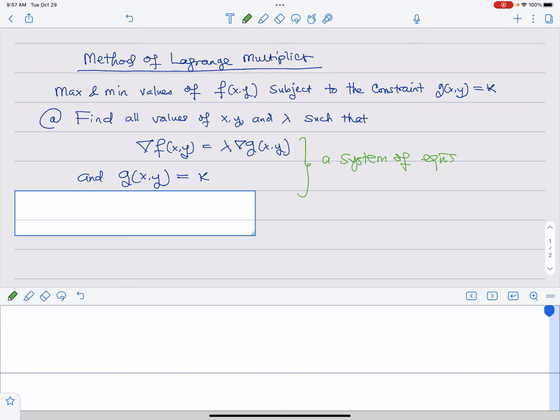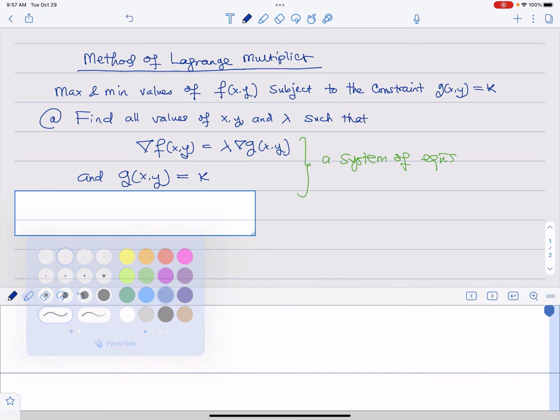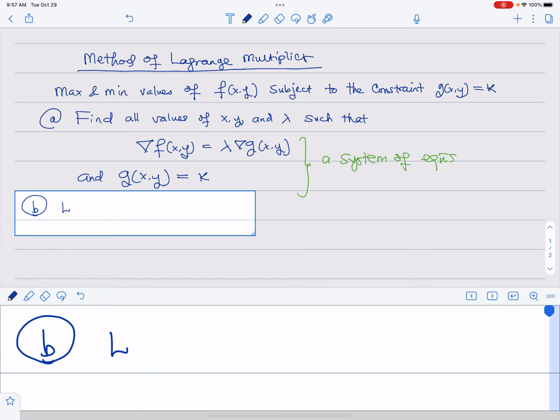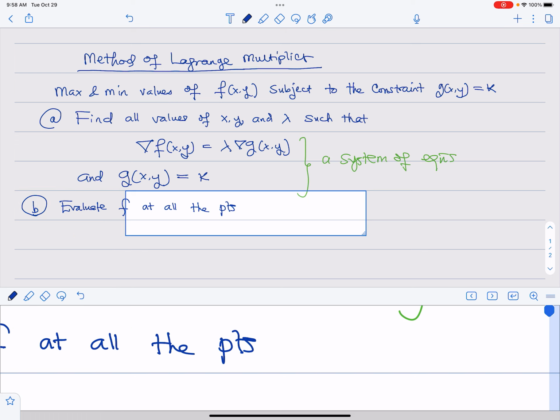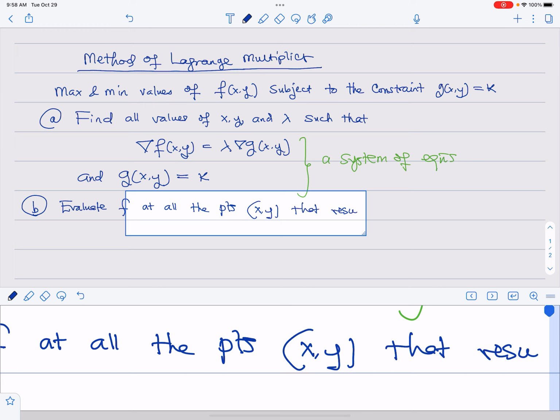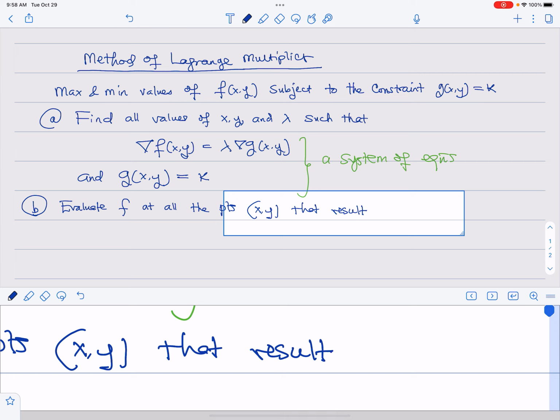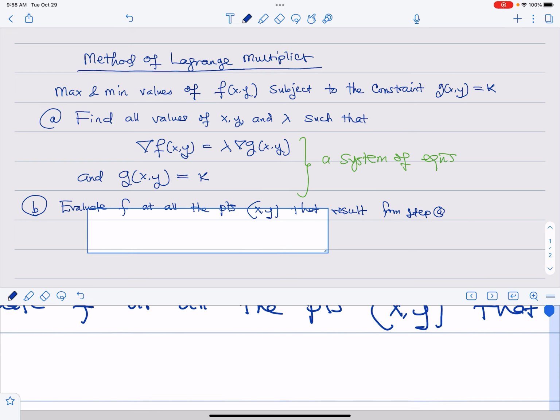And then the next thing you're going to do is to evaluate f at all the points x, y that result from step A above.